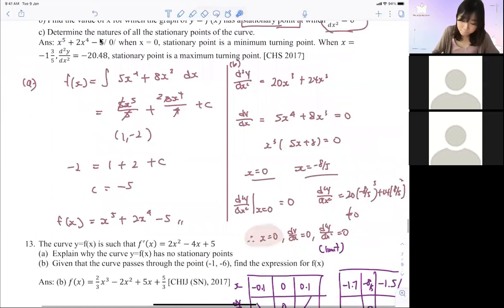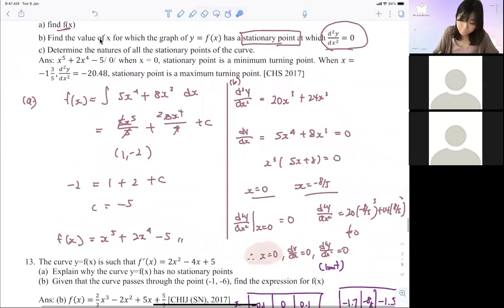For 12B, the other answer is negative 24/20. Cannot, because you let d²y/dx² equal 0. You must let, because it's a stationary point, dy/dx equal 0. Then you substitute inside to see which x gives you d²y/dx² equals 0.